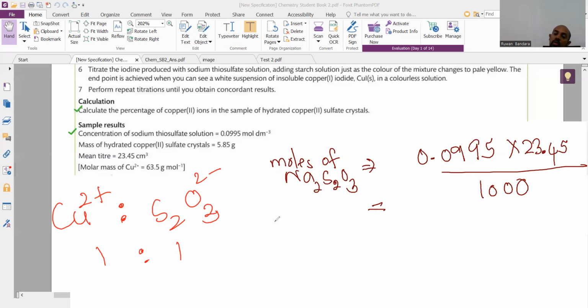And this number of moles will be the same as the moles of copper 2 plus, same number of moles.